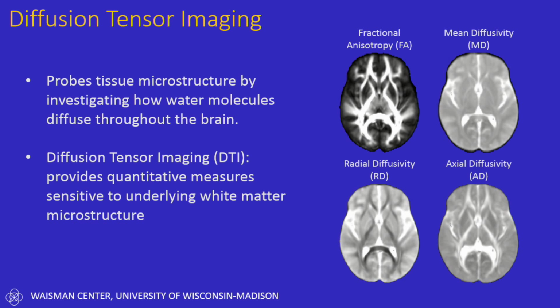In particular, fractional anisotropy, or FA, is a ubiquitous measure used in many different studies, not just in autism, but a whole host of different pathologies. That gives us really clear information about the underlying white matter microstructure.